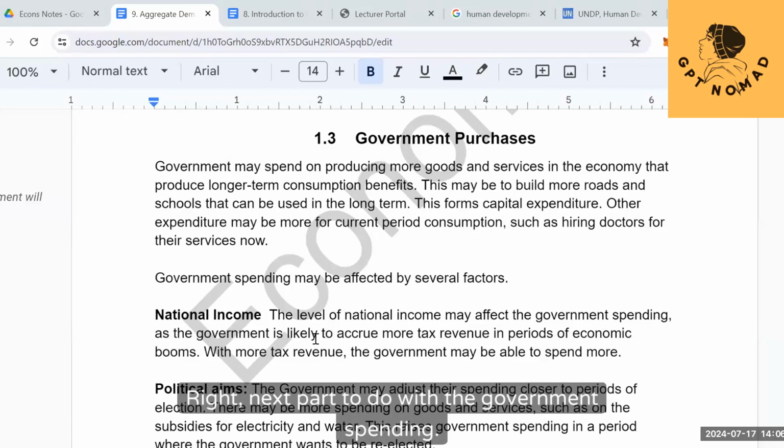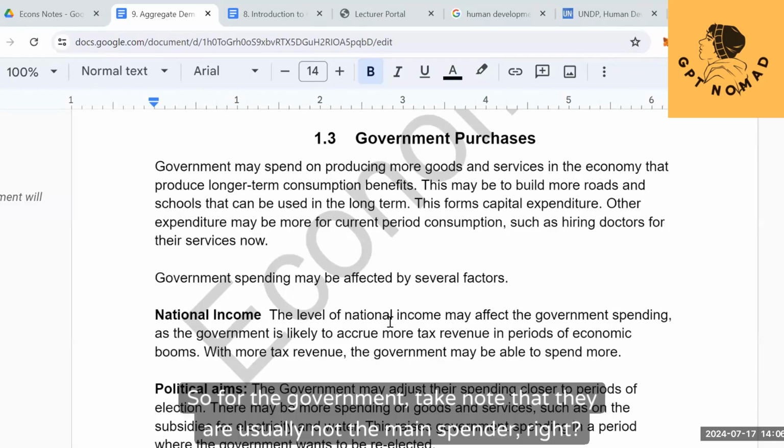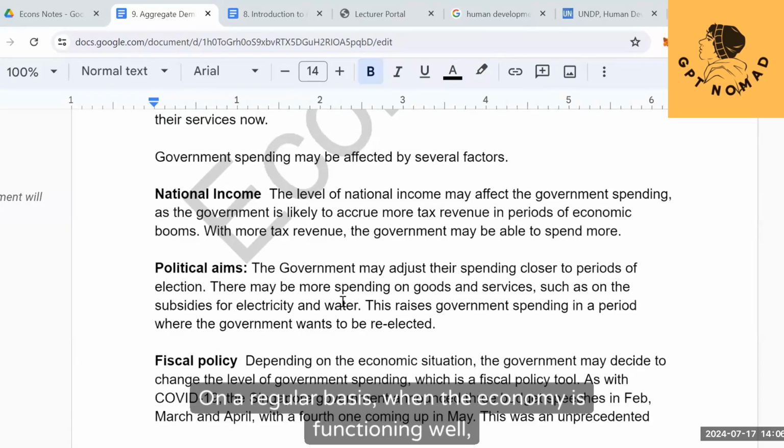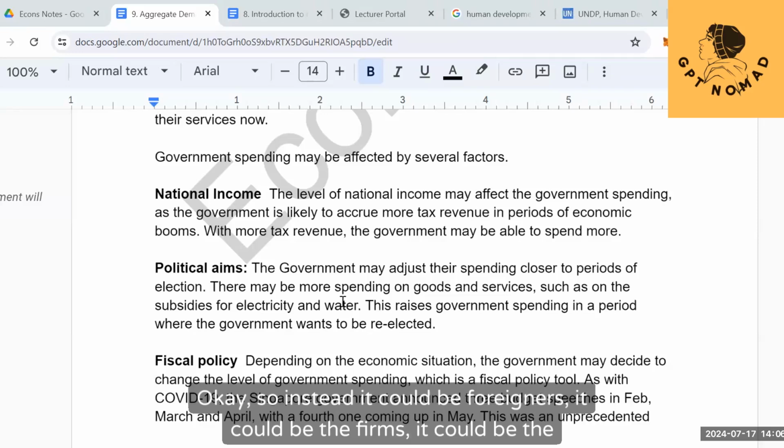Right, next part to do with the government spending. So government is the third party here that is also spending. So they're also buying something. So for the government, take note that they are usually not the main spender, right? On a regular basis, when the economy is functioning well, they will not be the ones spending the most. Okay, so instead, it could be foreigners, it could be the firms, it could be the consumers, right?